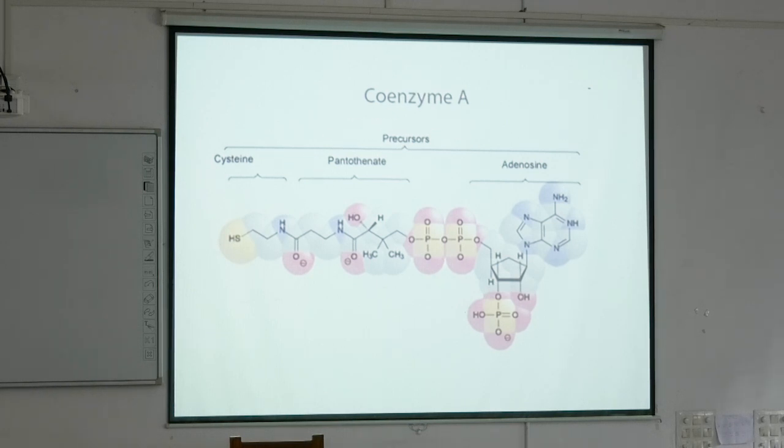Coenzyme A is a coenzyme form of B5 or pantothenic acid. Now, the precursors are pantothenate, adenosine and cysteine. What is the function of coenzyme A? Everyone can tell me the compounds with coenzyme A, but no one can tell me the function of coenzyme A.